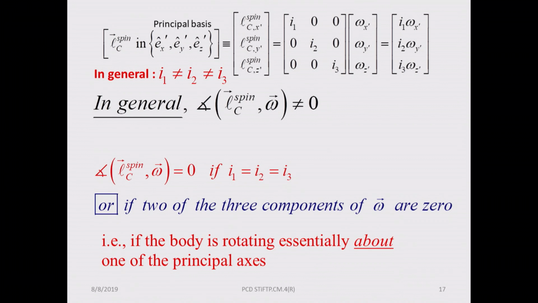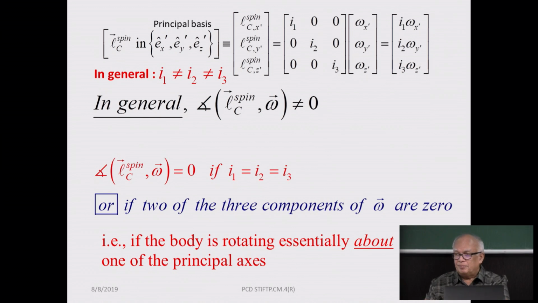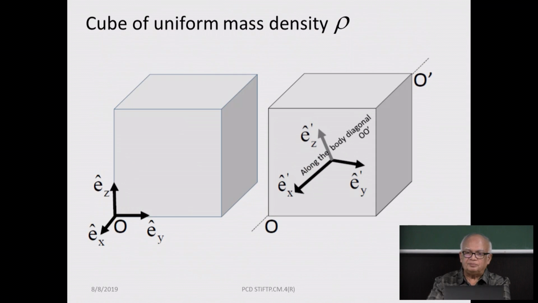Or if two of the three components of angular velocity are zero. Okay, so that will be a special situation in which you can have the angular momentum parallel to the angular velocity. So these are the only two situations when this can happen, not otherwise.